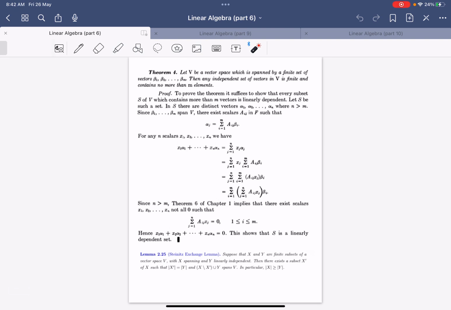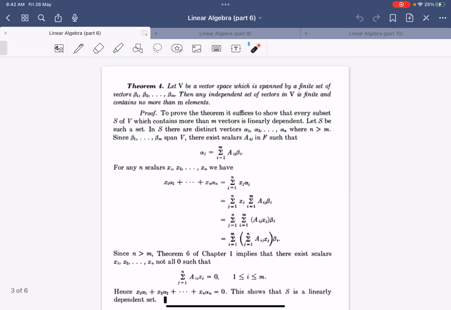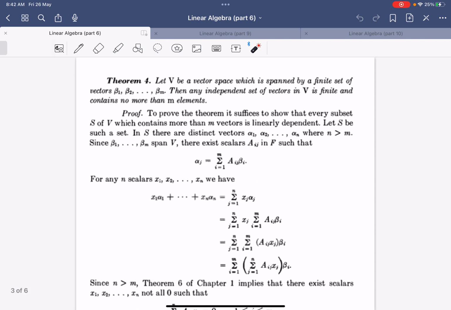With that, we have a theorem and properties of a basis: if V is spanned by a finite set, then any linearly independent set will still be finite and cannot have more elements than m. A proof of this is to show that every subset which contains more than m vectors will be linearly dependent.